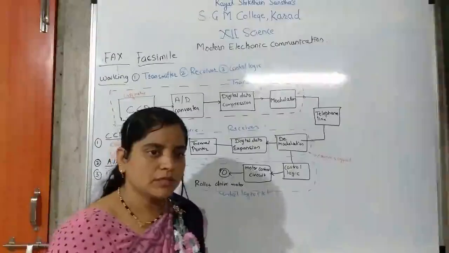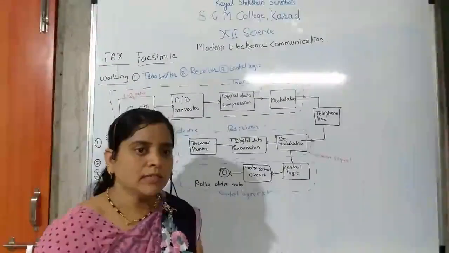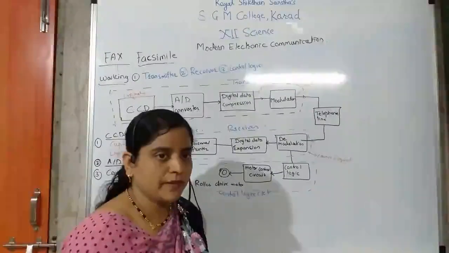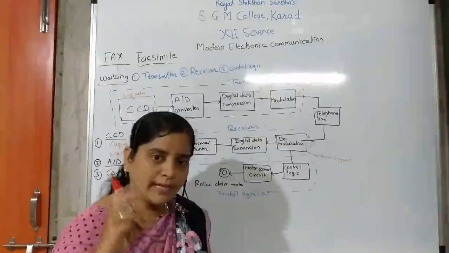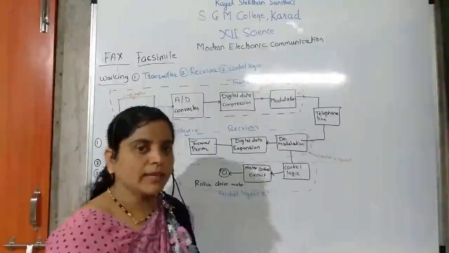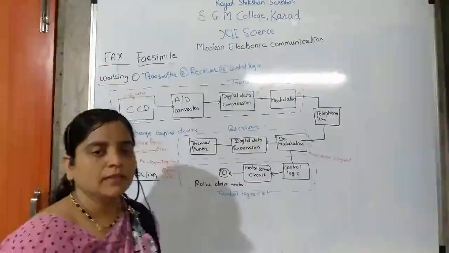A capacitor stores charge, so it is a charge coupled device. It is a semiconductor device that converts varying light amplitude into an electrical signal and gives it to the A to D converter.